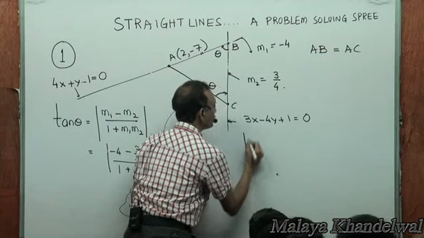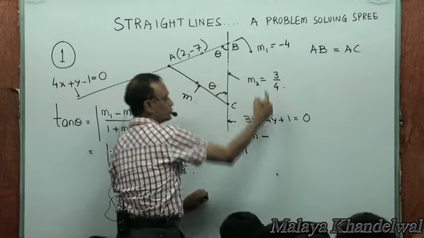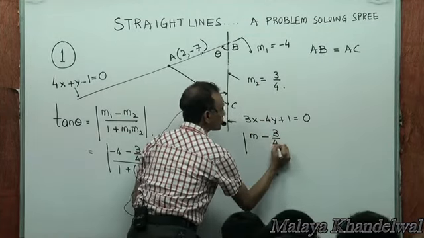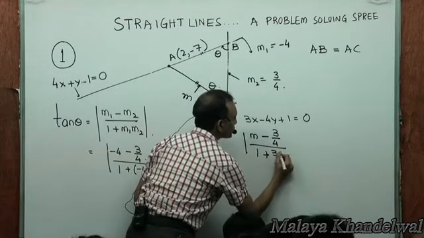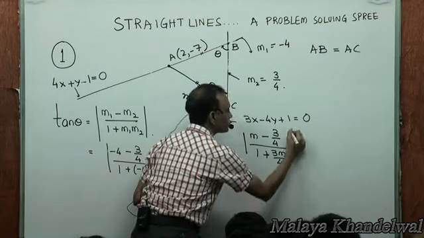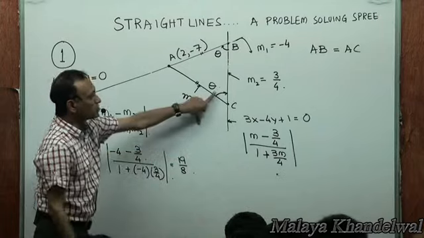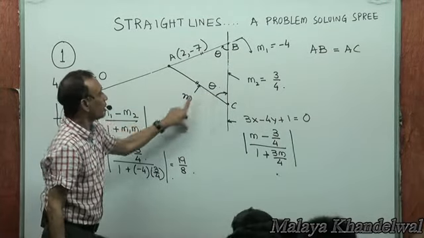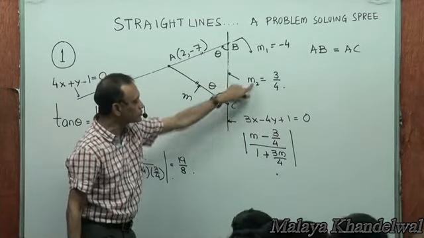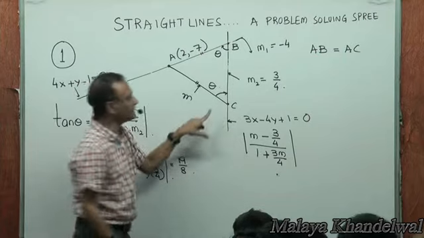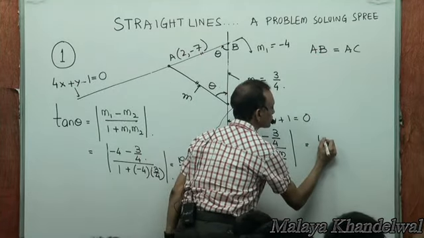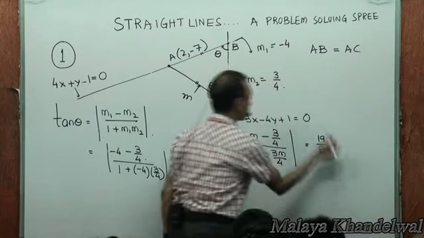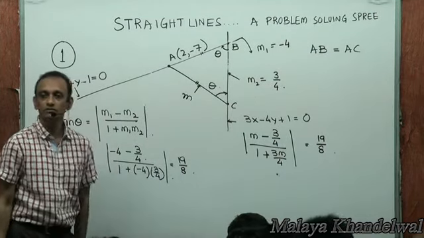So mod of m minus m2 by 1 plus m m2, 3m by 4. And that is also tan theta, which is 19 by 8.